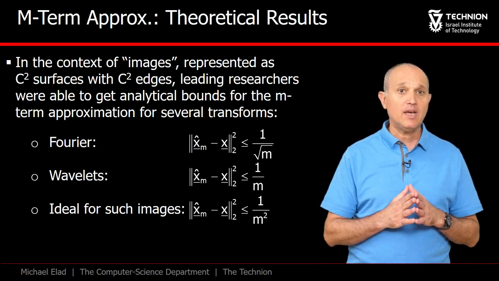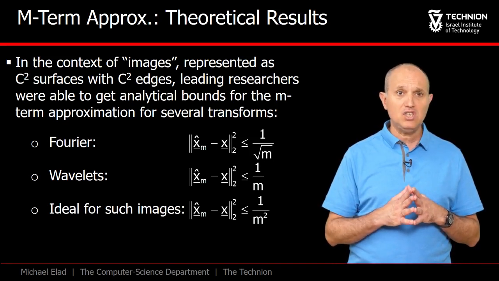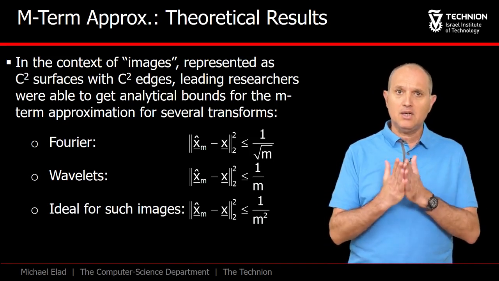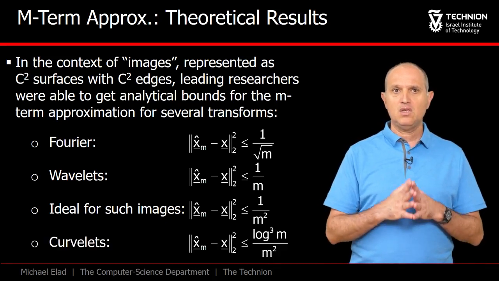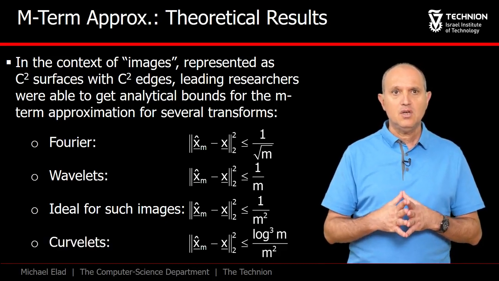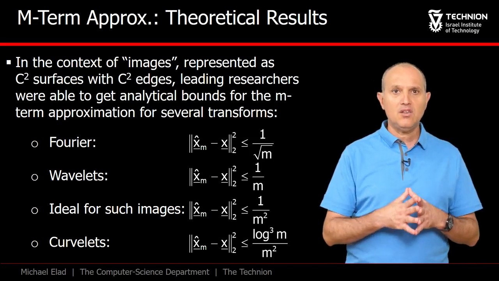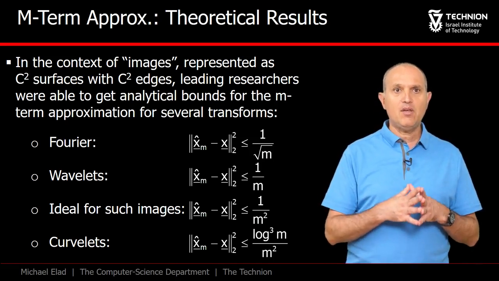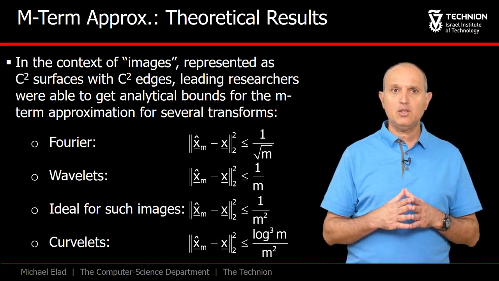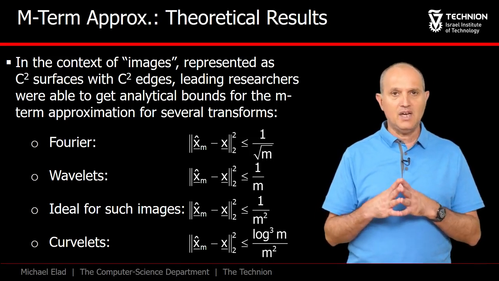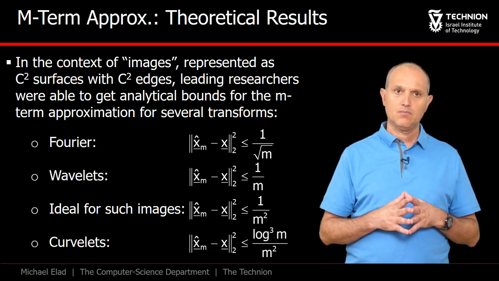The answer is 1 over M squared, suggesting that wavelet is not that great after all when it comes to 2D signals. This led to a series of works seeking better transforms for smooth images. The contourlet and the curvelet transforms are probably the best known alternatives, giving a rate of decay that is quite close to the ideal 1 over M squared.